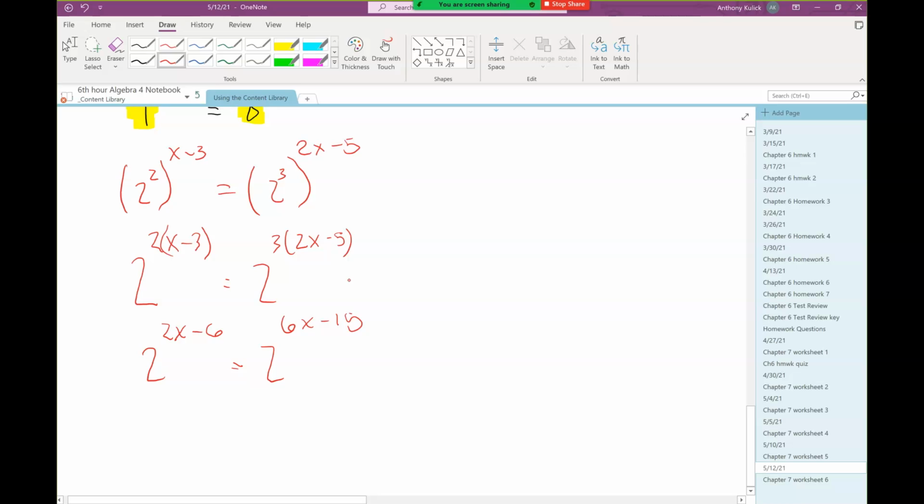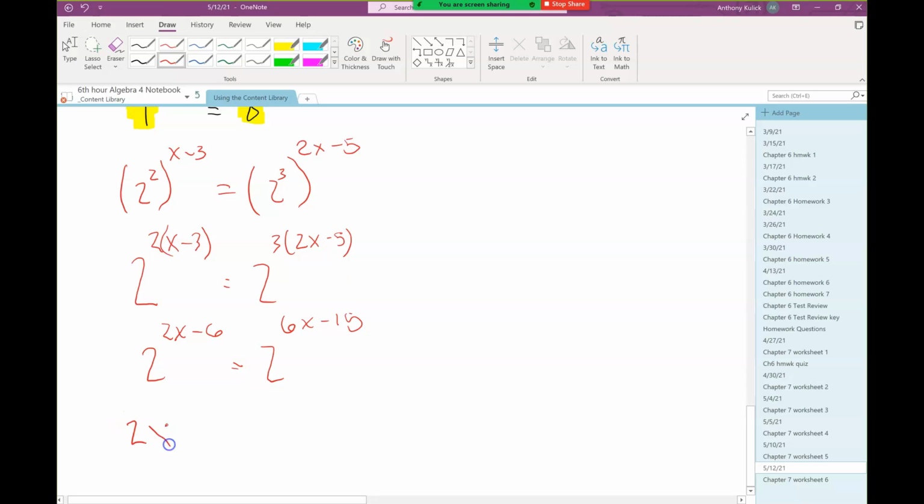Now, if I have some power of 2 that is equal to some other power of 2, what can I say about the powers? They have to be equal, right? If I have 2 to the third equals 2 to the something, the only thing that something could be is the third, if they're equal.